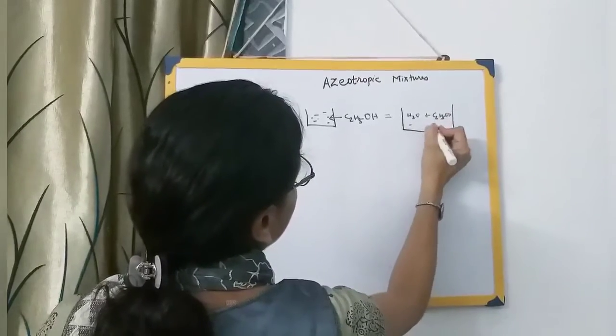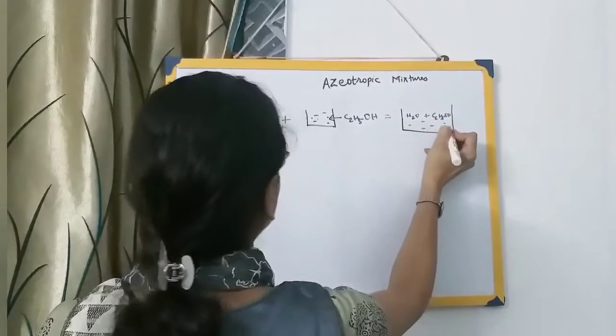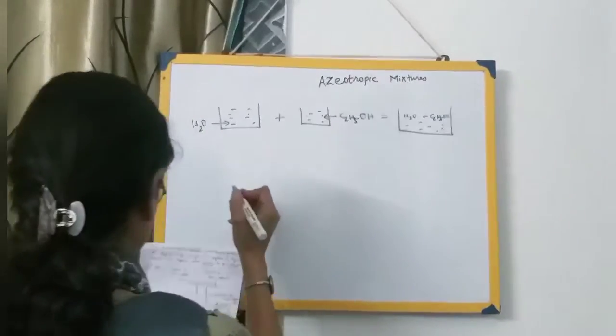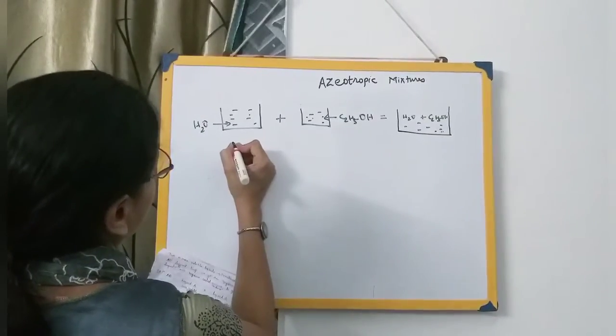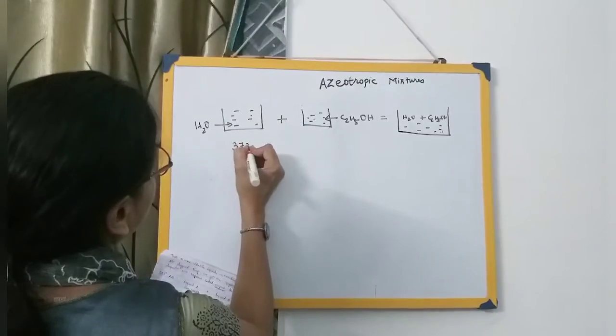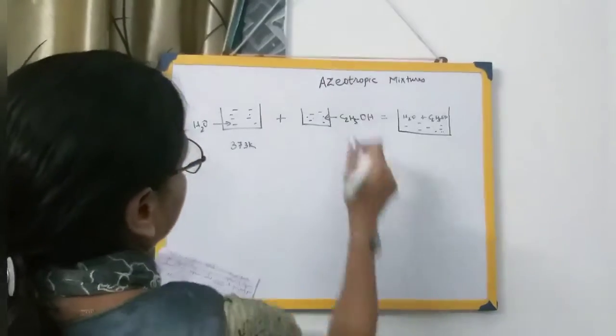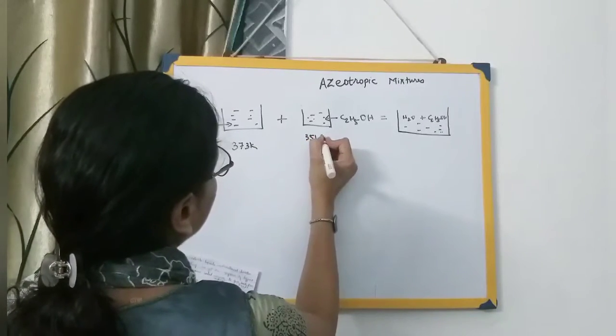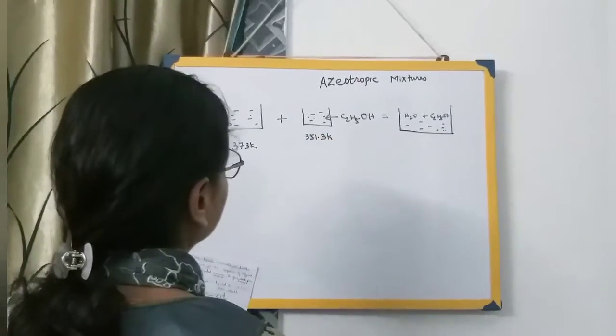Now we know that the boiling point of water is 373 Kelvin, and the boiling point of ethyl alcohol is 351.3 Kelvin.